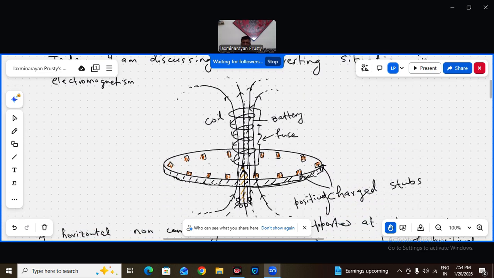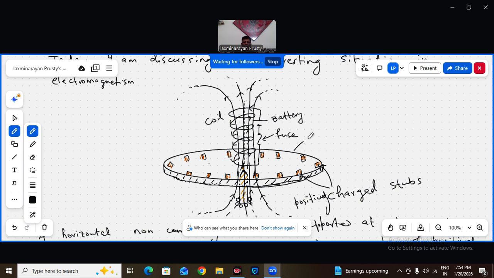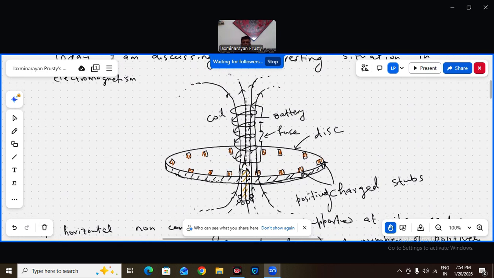Just see the situation. This is a disk. A non-conducting disk is mounted on a frictionless support. These are the bearings which can rotate about its axis without any friction.